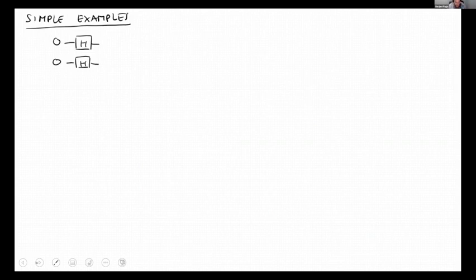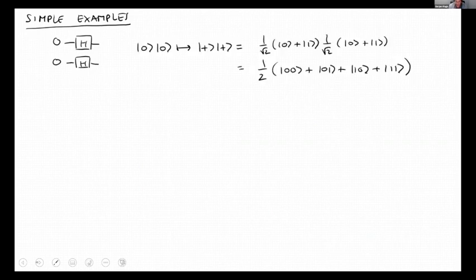So some simple examples. Let's just take 2 qubits and apply Hadamard gates to them. Here I'm going to already start eliminating some notation. Really, there should be tensor products in between these things, but just like regular multiplication, I'm going to start suppressing those right away. So our initial states are ket 0, ket 0.